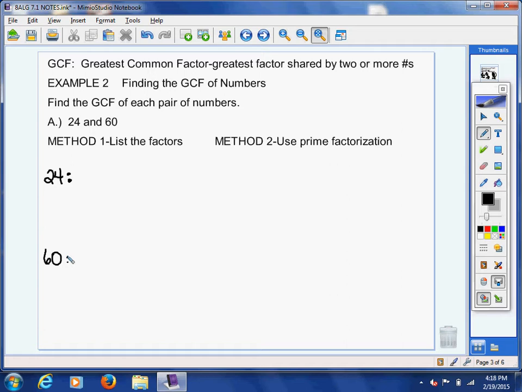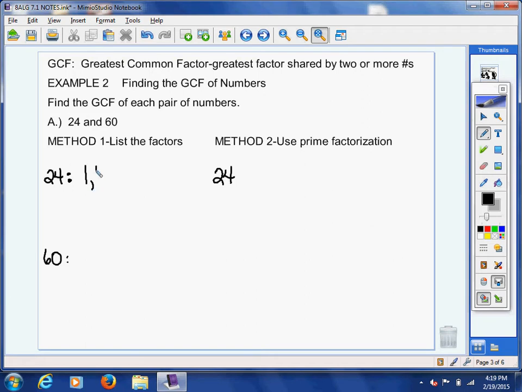When I do this, I typically start at the lowest, which is always, a number always has a factor of 1 and itself. So we'll start with 1 and 24. And I kind of make a bookend, start with lowest and highest. Lowest I write to the far left and highest to the right. And then I work my way in.